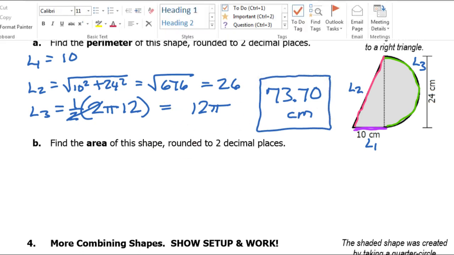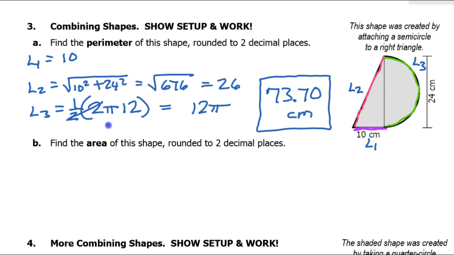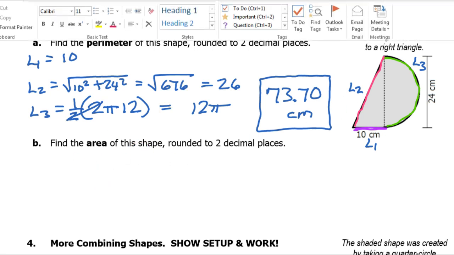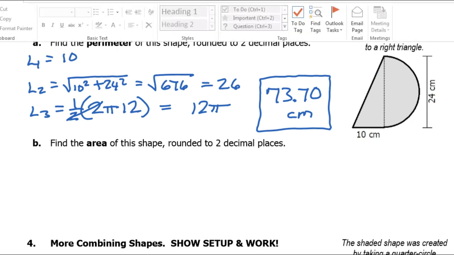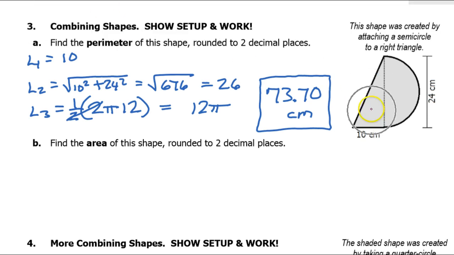Okay, so now let's switch gears and talk about the area. So when you're dealing with the area of a compound shape, you're going to split the shape into smaller areas that you can easily find the area of.